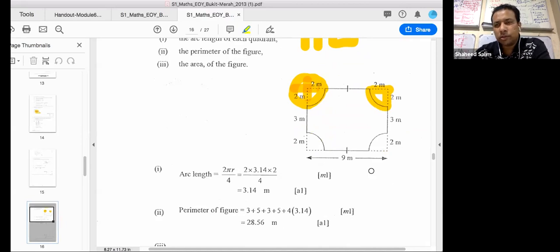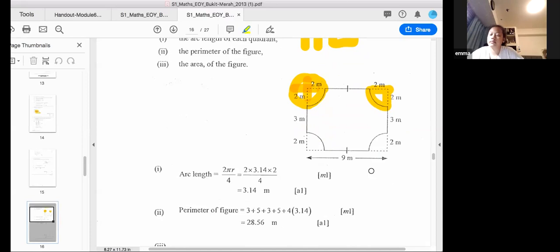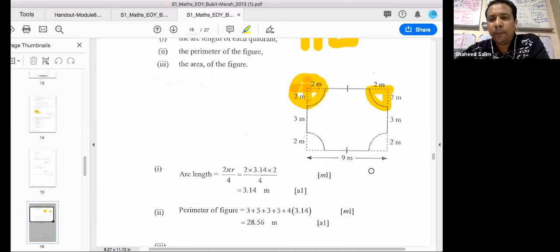Okay, congratulations. Easy, right? Area of the figure, do you know how to find the area of the figure? Okay, please find the area of the figure. You see, all these now become chicken to you, no?